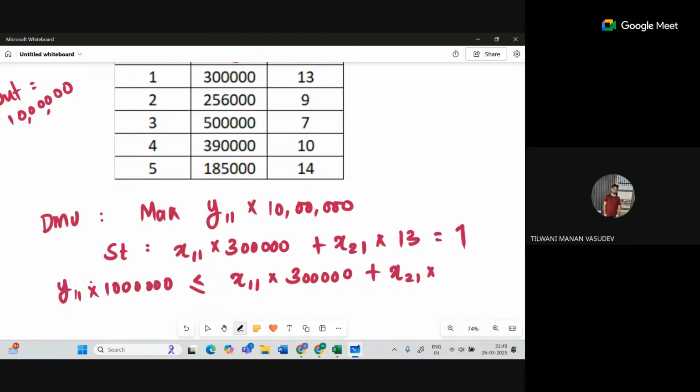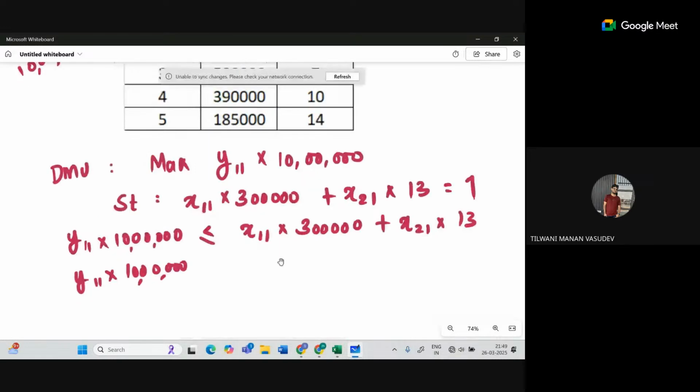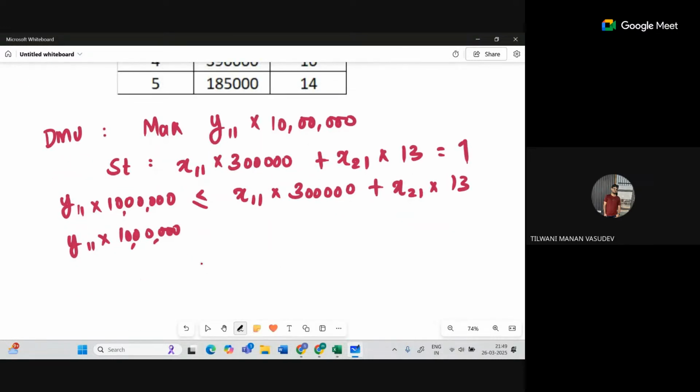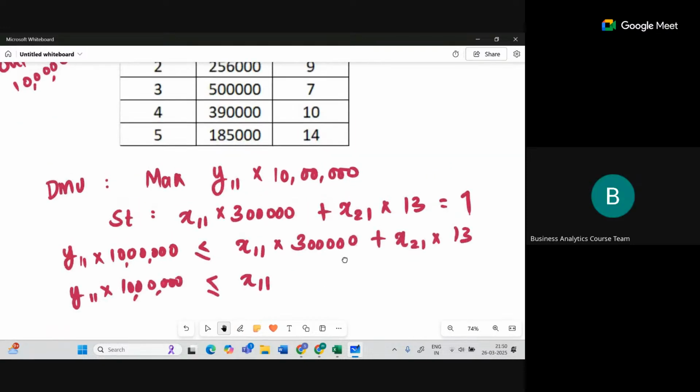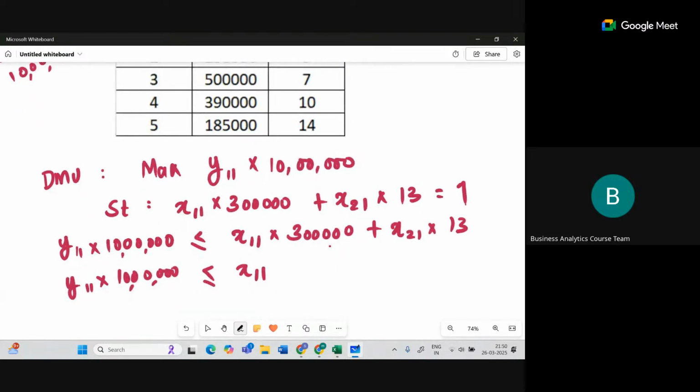Then, for the next, less than or equal to X11 into the second input, 2,56,000, plus X21 into 9.